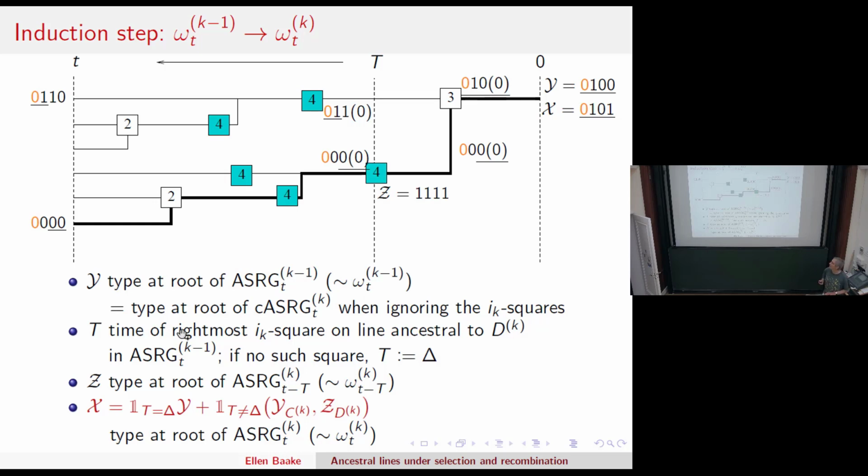But we can do the same thing again and again. So in the ASRG k we have attached here, we can start from the collapsed ASRG k, then follow back the ancestral line of site 4 until you meet the first 4 square, then you attach another one, you follow back, and so on and so forth.